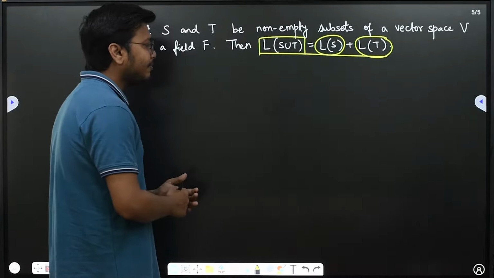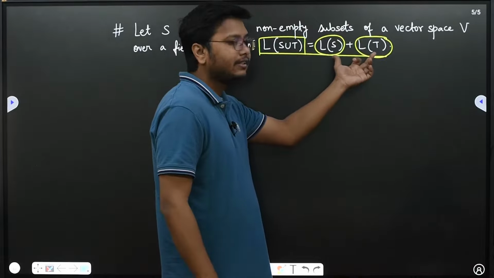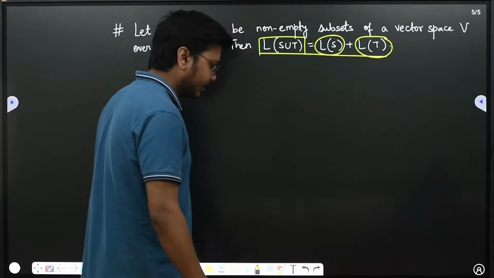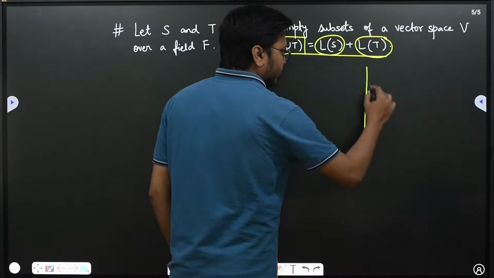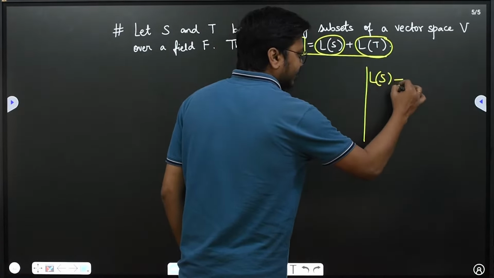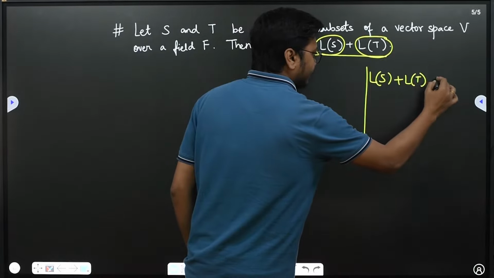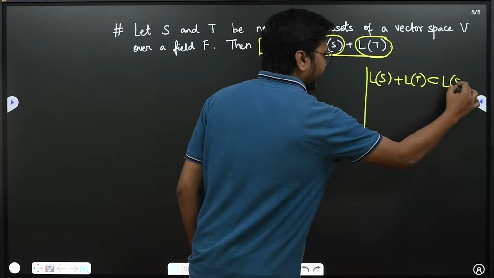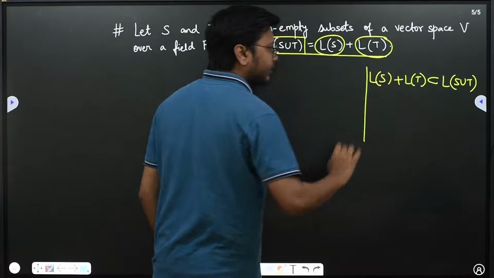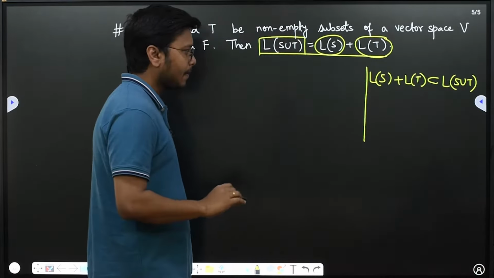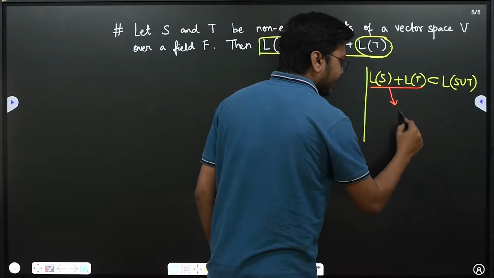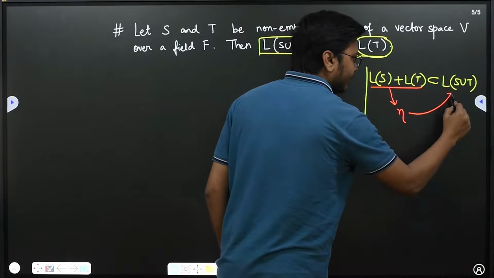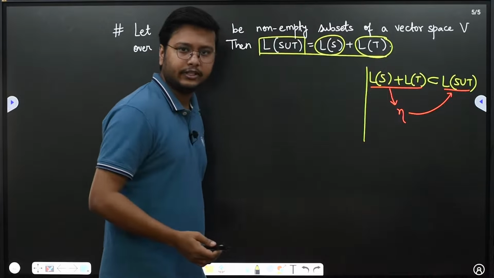Achha. So first let me try to show that the right hand side is a subset of the left hand side. Okay. So remember what I'm trying to show. I'm trying to show that L(S) plus L(T) is a subset of L(S union T). So this is what I'm trying to show at first. Now in order to show this, I need to take some element from here, let's say eta, and show that it belongs to L(S union T).